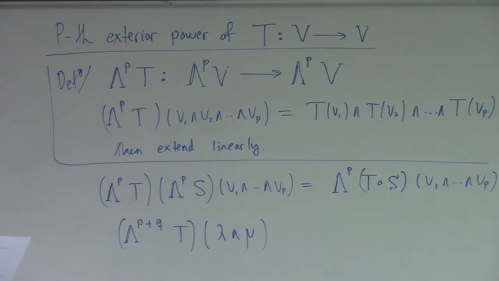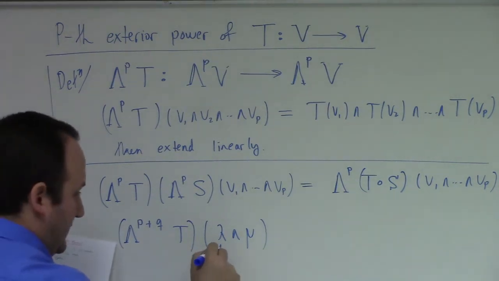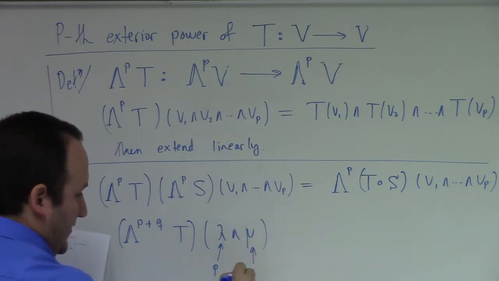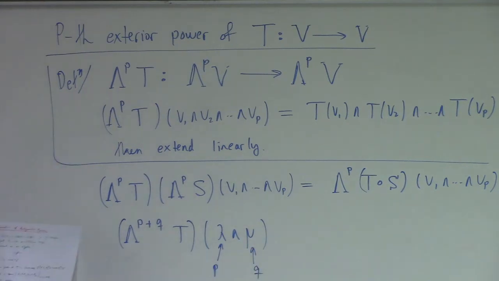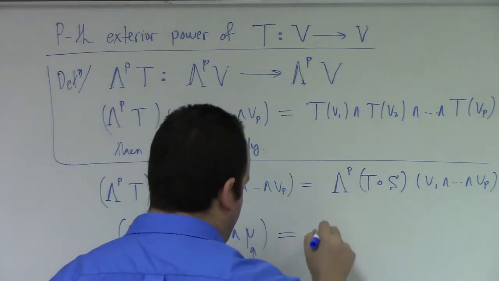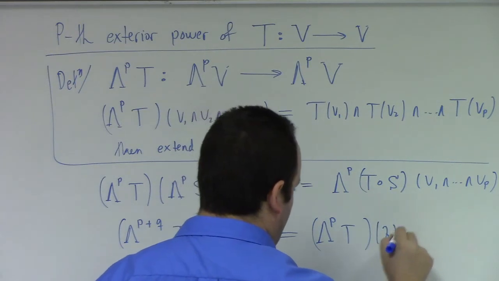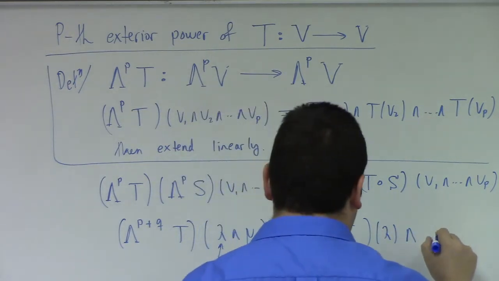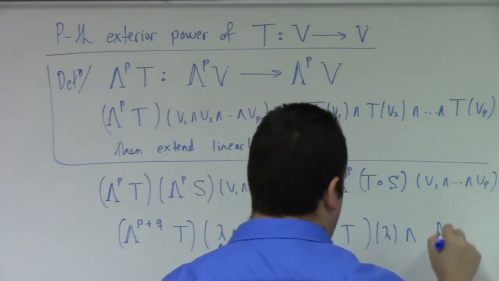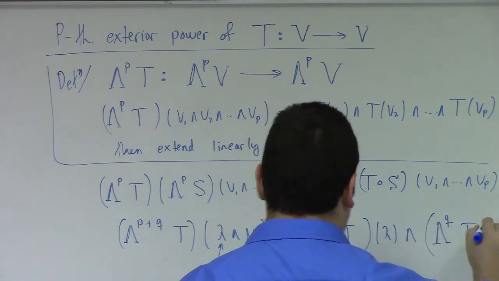So if we look at the P plus Qth exterior power of T, with this being a P vector lambda and this being a Q vector mu, then it is in fact equal to the Pth exterior power of T acting on lambda, wedged with the Qth exterior power of T acting on mu.